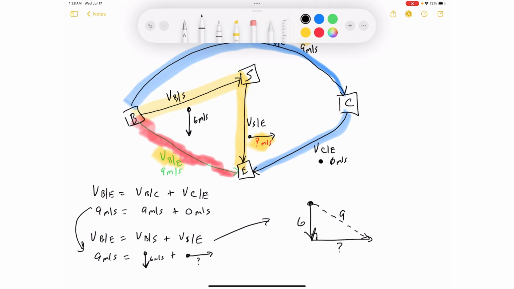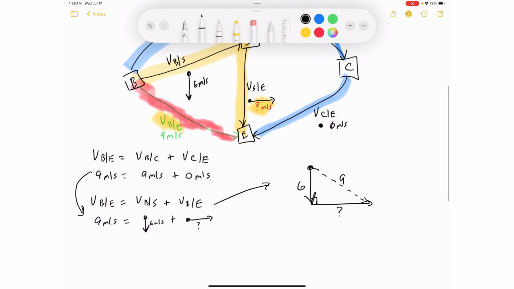So what I would like to do is find some of the angles in this triangle. I'm going to call this one phi, up at the top. The cosine of phi, of course, is adjacent over hypotenuse. The adjacent side is the 6, the hypotenuse is 9.